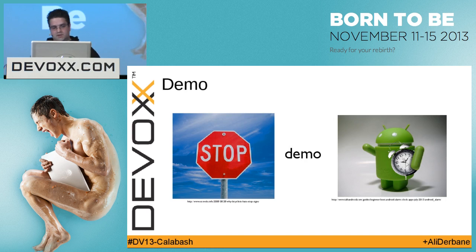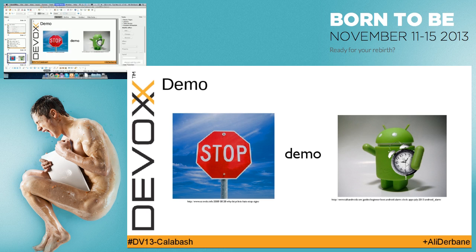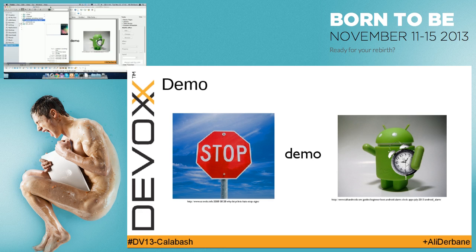All right, it's demo time. As I said before, I've recorded a video. What I will be showing is the running of a Calabash test that I've written, and you will see that it will be performed on the emulator, in this case.